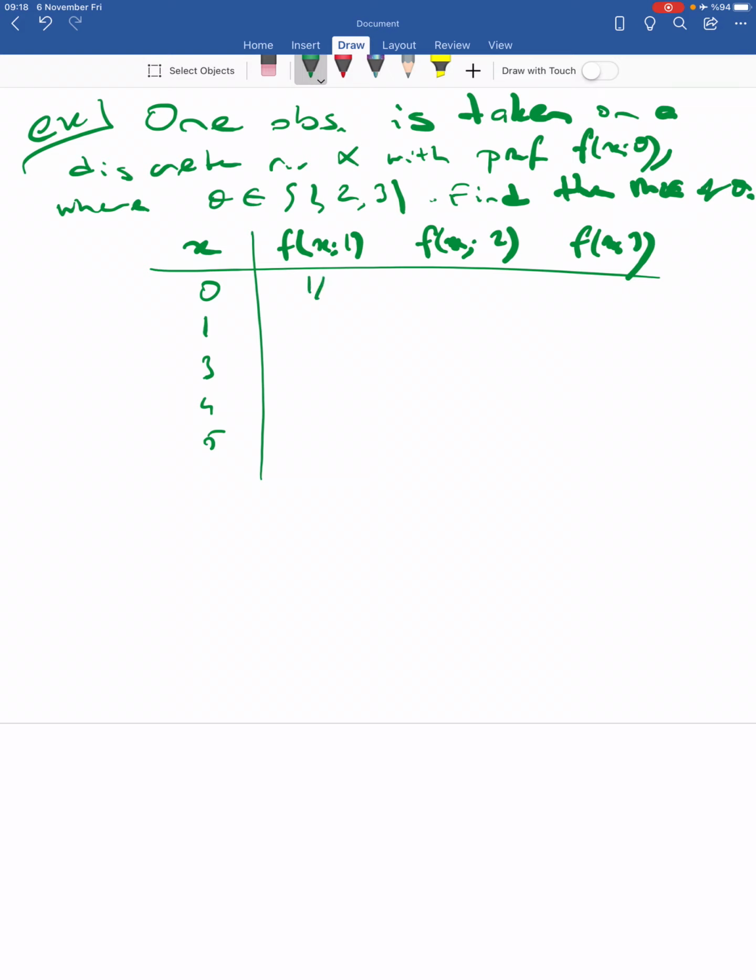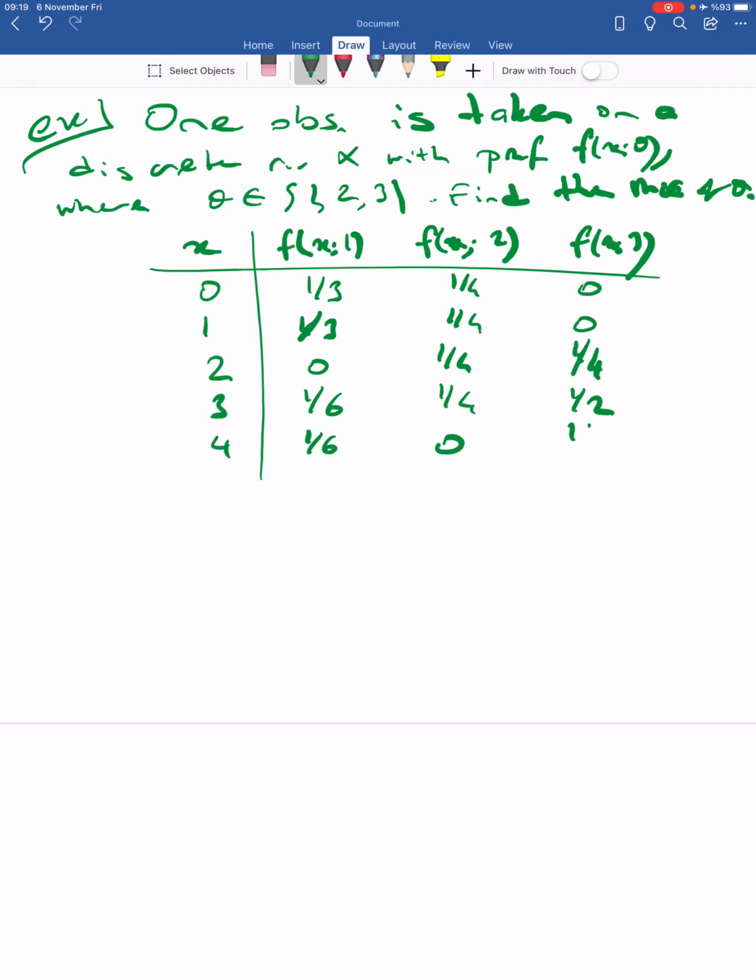The probability of getting 0 when theta is 1 is 1 over 3, and so on for the other entries.